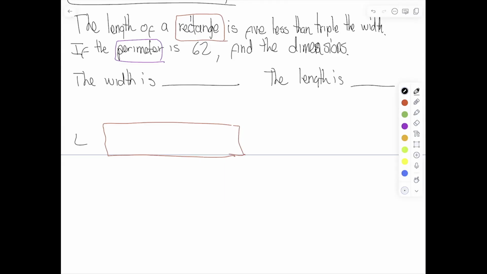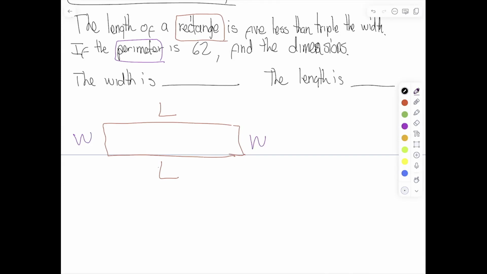Is this the length? No, it's the other way. It's up and down. Good. That's what I want to hear. So this is the length, this is the length, this is the width, and this is the width.